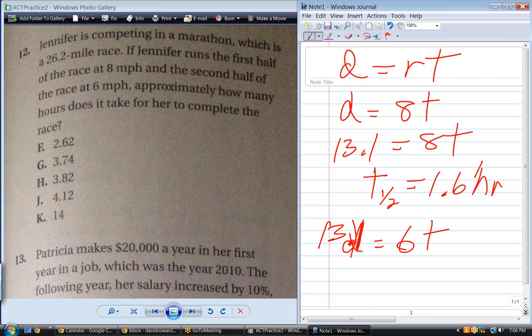So what is the time for the second half? 2.18. So the total time? Is 3.7 something. 3.78. Interesting. Notice their answers. They have two answers relatively close together. So close together that if you've rounded off like you did, we can't distinguish them.